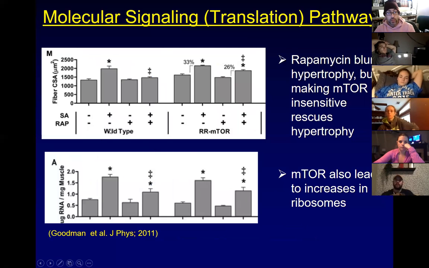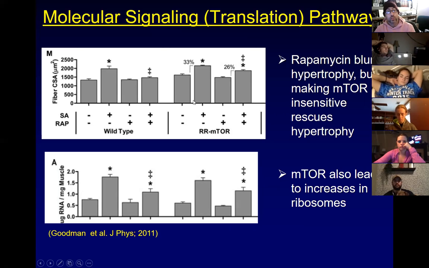We have these wild type mice and these rapamycin resistant mice, and basically they've genetically modified these animals so that their mTOR does not respond to rapamycin. And so you can give them compensatory overload and give them rapamycin and it doesn't blunt anything. Okay. And so that makes us know that we can do the experiment going in both directions.